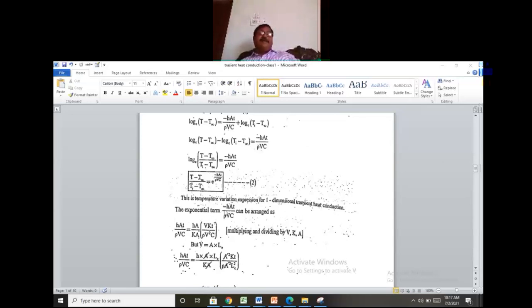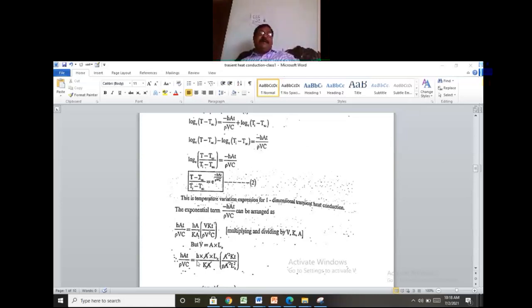The exponent minus hAt divided by rho Vc can be rearranged by multiplying and dividing by kA.